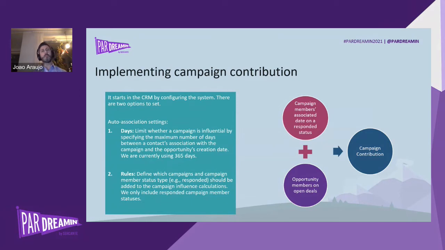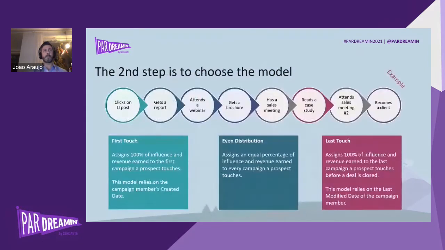And then you would be able to decide extra rules on how you associate people. Here, there is always a big discussion about whether you should just use campaign members with responded status, so those that have actually done something on the campaign, or whether you should use all. We tend to use the responded status so that we can show that there was actually some sort of activity done by marketing. So you need to do this part in the system.